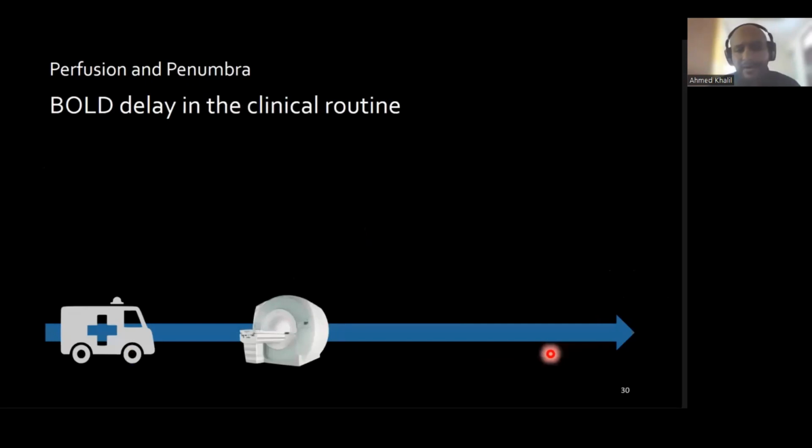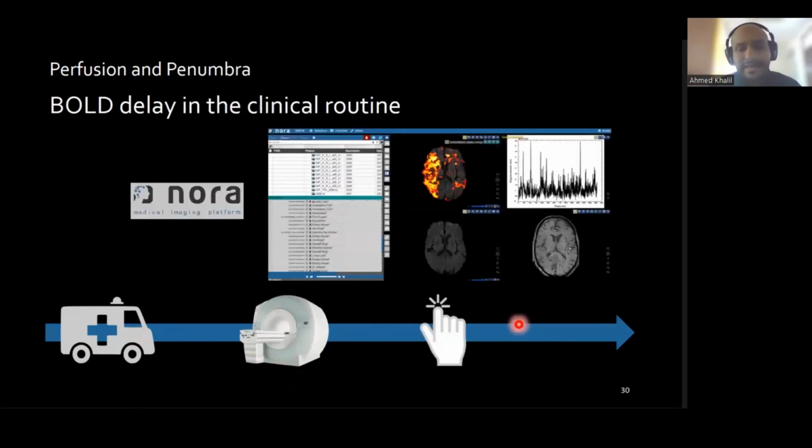So what we have now is a setup in our center where the patients come in. If they have no contraindications to MRI, and if they come in during MRI working hours, they get MRI. And very often what they get is a resting state fMRI scan that lasts just a couple of minutes.